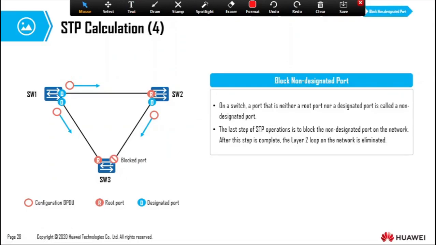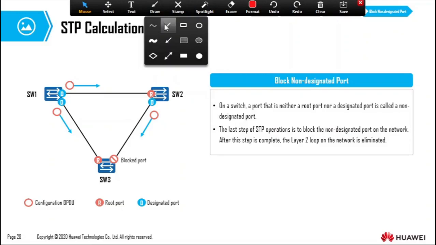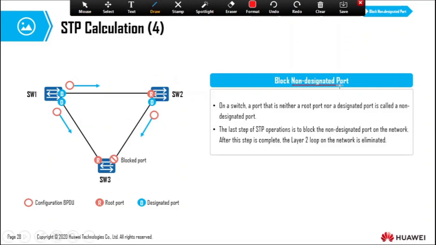So the last port is what we call the alternate port. The last port role for STP is called the alternate port, also called a non-designated port.